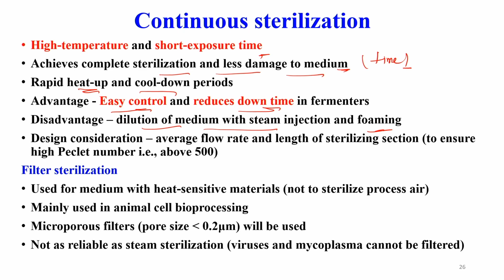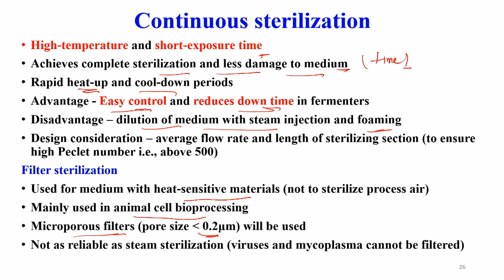Many times, depending on the sensitivity of the media, it is not possible to go for steam sterilization, particularly when we are dealing with animal culture media, because they have many nutrients, particularly proteins, which cannot be exposed to high temperature. So, for heat sensitive processes, microporous filters are used.